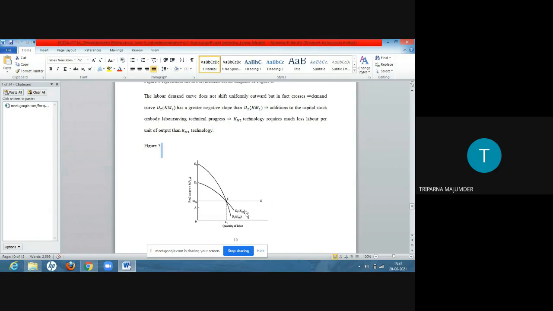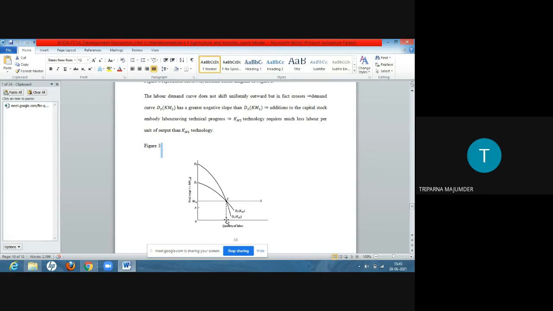Now, as before, we assume that the capitalist has earned this much profit and the wage payment as a whole was this much, this rectangle, that is OWMEL1. The capitalist reinvests his entire profit. We do not change any of the assumptions. They reinvest the entire profit. What happens?